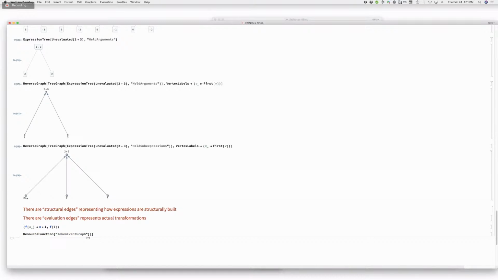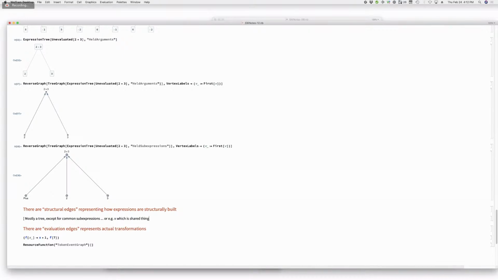The point that I'm making is that these structural edges, I claim, make a tree here. Although even that, if there are common sub-expressions, there would be a DAG. Am I making sense? But this is mostly a tree, except for common sub-expressions, or e.g. X, which is a shared thing.